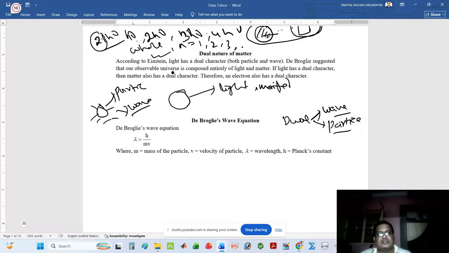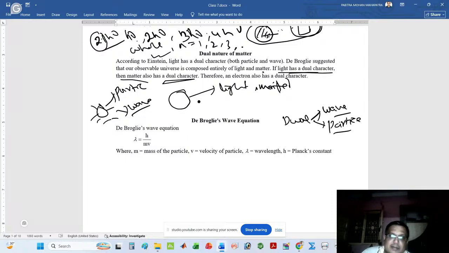By comparing the concept of Einstein and the concept of de Broglie, it can be said that if light has dual character, and it is one component of the universe, then the second component must also have dual character. That is, matter has dual character. So we can conclude that if light has dual character, then matter also has a dual character.